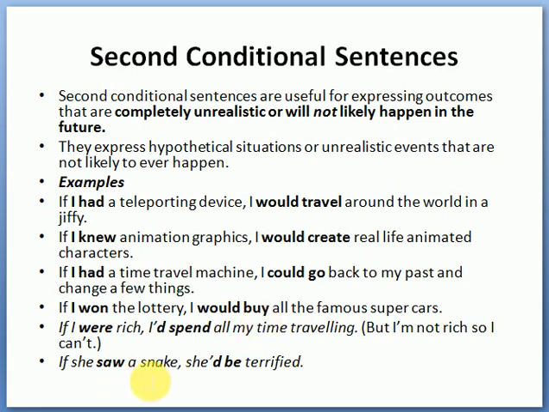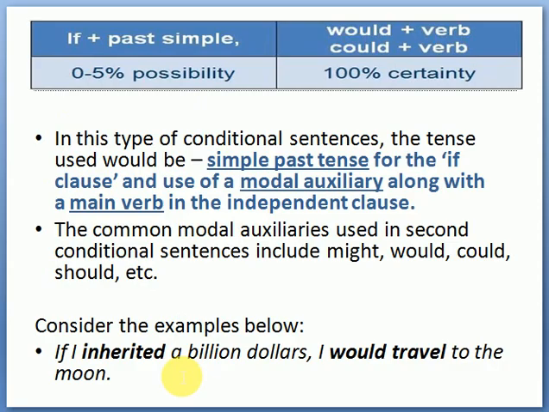And you may also invert the position. Instead of saying if she saw a snake she would be terrified, you may say she would be terrified if she saw a snake. That would also be a second conditional sentence. Hence we see that the second conditional makes use of two tenses: the simple past tense in the subordinate or if clause, and a modal auxiliary plus main verb in the independent clause.